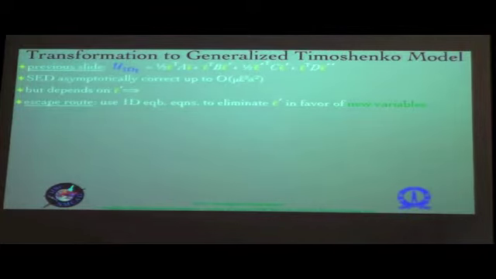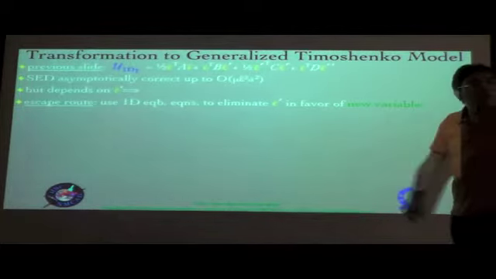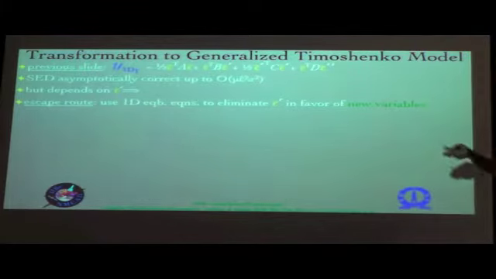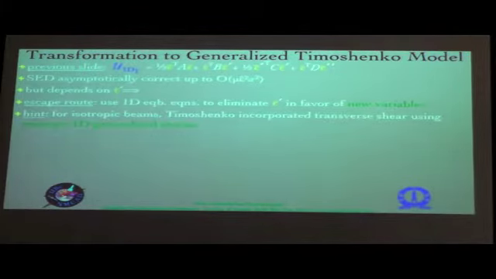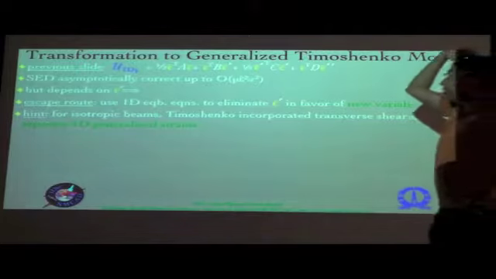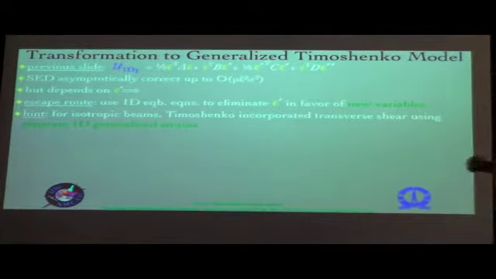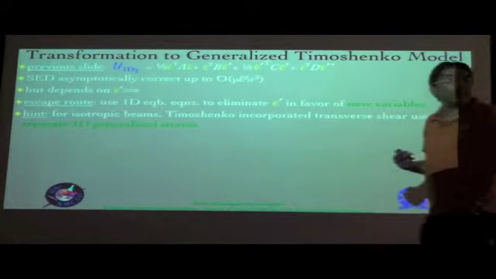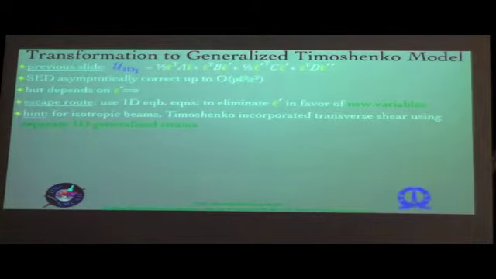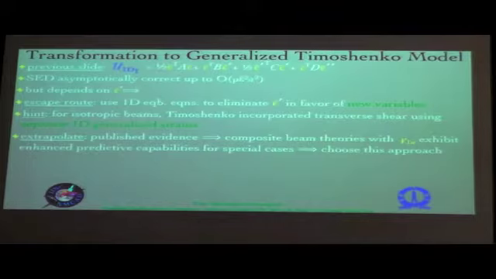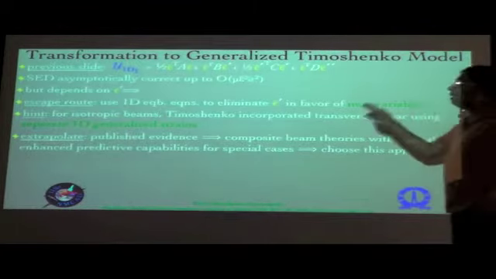The new variables are the ones similar to what Timoshenko himself used, namely the 2 gamma 1 alpha. And the hint is, for isotropic beams, of course, Timoshenko incorporated transverse shear using separate 1D generalized strains, the transverse shear strains. So what we will do is extend that.